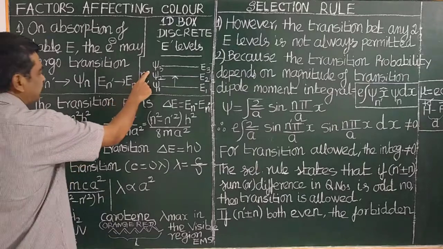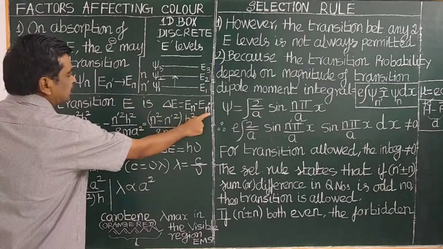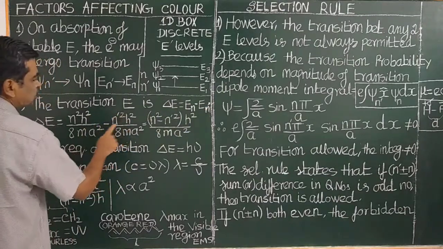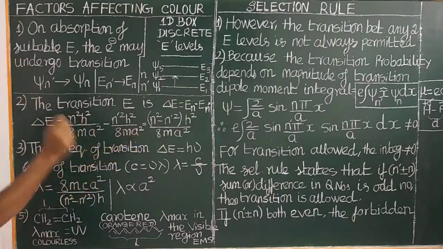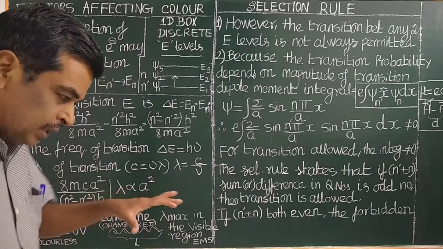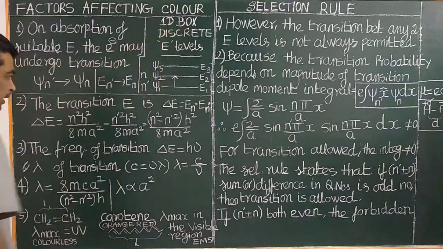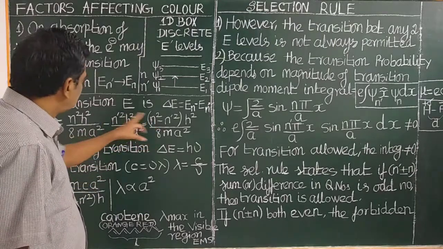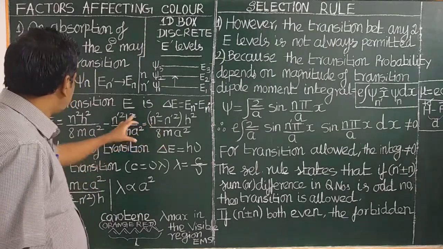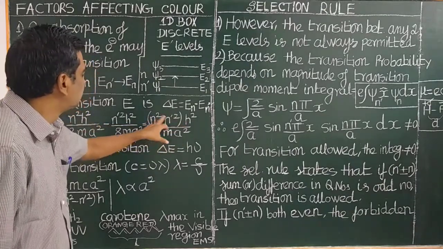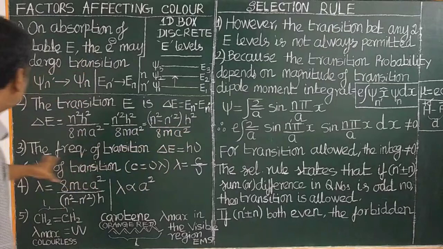This is for the excited state, E2 minus E1, n prime square h square divided by 8 m a square, where a is the length of the one-dimensional box we have studied. Therefore, on simplification, h square by 8 m a square is common, n square minus n prime whole square.